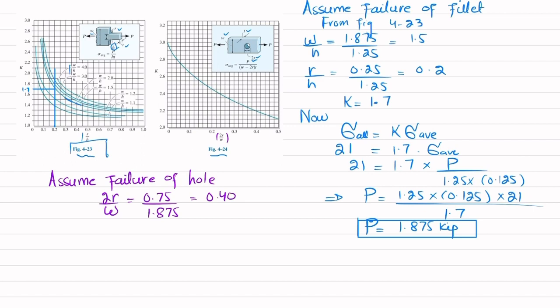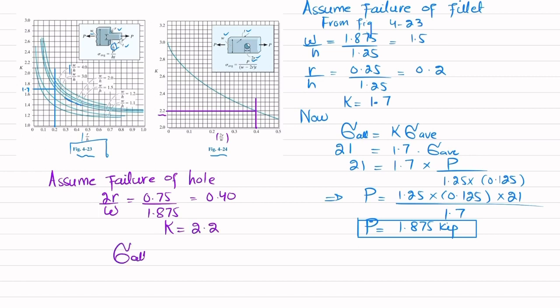Again you can see 0.40 is this point. If you draw a vertical line, it intersects this curve, and at the intersection point if you draw a horizontal line, you will get K is 2.2. So K is equal to 2.2.